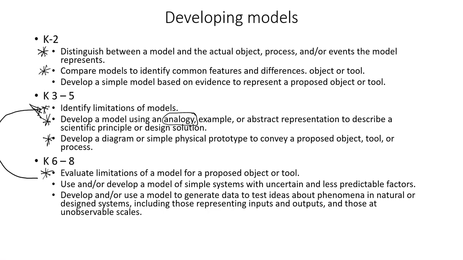If I draw atoms like this, it is not showing any motion. So how do I minimize the limitations of that? Then maybe I should draw arrows. The arrows will indicate that there's some motion in my atoms. So that one you do at grades 6 to 8.